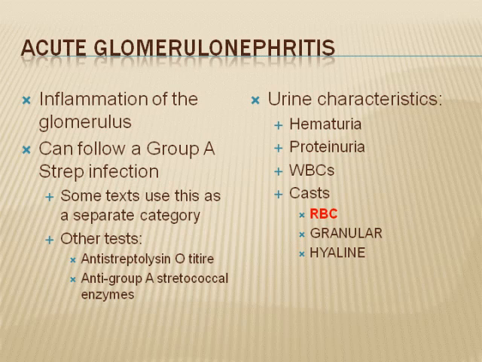Other tests that you can do to determine if it is caused by group A, other than the patient recently having had a group A strep infection, would be an anti-streptolysin O titer or anti-group A streptococcal enzymes. However, the urine characteristics for acute glomerulonephritis, despite cause, would be blood in the urine, hematuria, protein in the urine, white blood cells, and casts, most notably red blood cell casts.